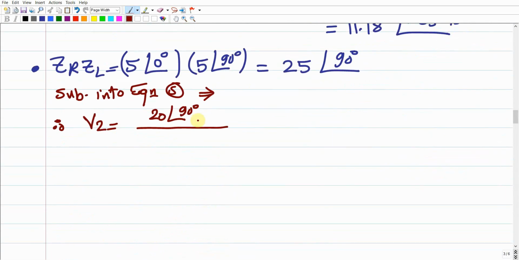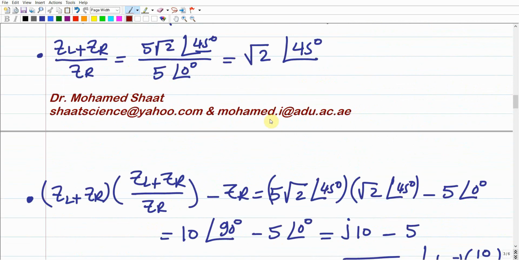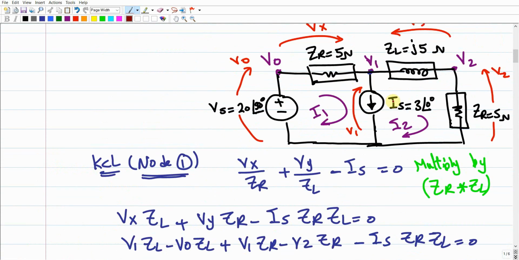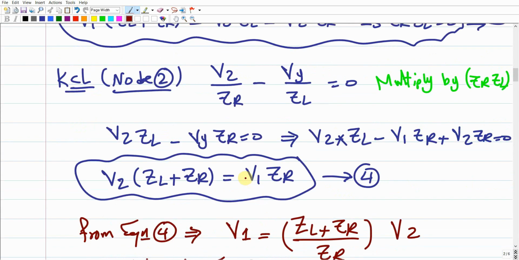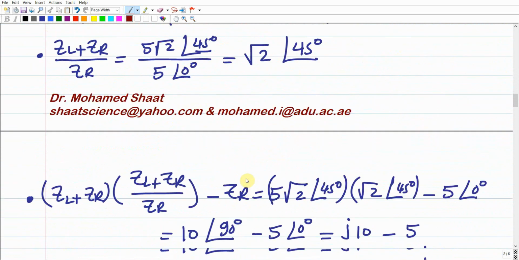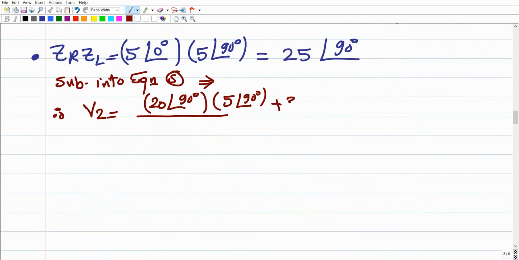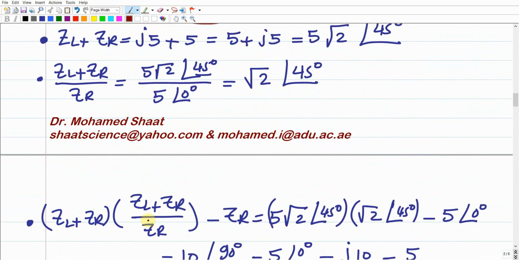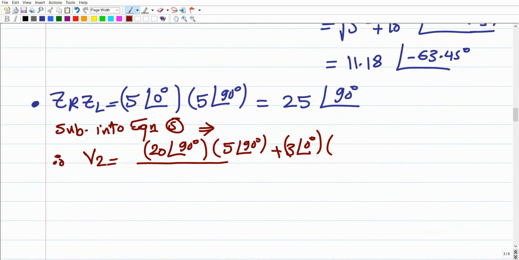ZL in the phasor form is 5 angle 90 degrees, plus the Is. Is in the phasor form is 3 angle 0, times ZR times ZL, which we already got here as 25 angle 90 degrees. This should be the numerator.